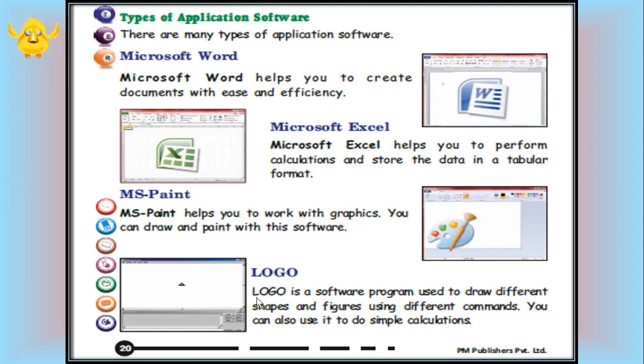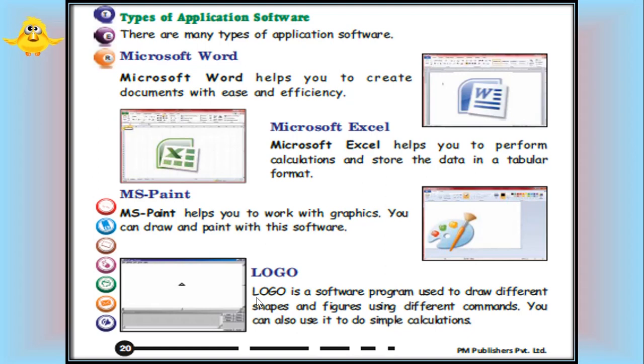Microsoft Word. Microsoft Word helps you to create documents with ease and efficiency. Microsoft Excel. Microsoft Excel helps you to perform calculations and store the data in a tabular form. MS Paint. MS Paint helps you to work with graphics.